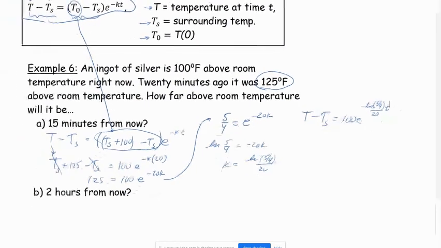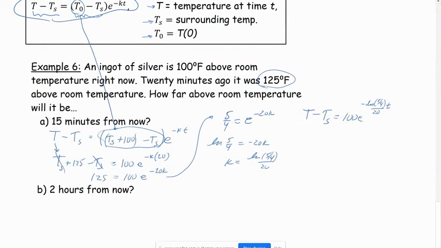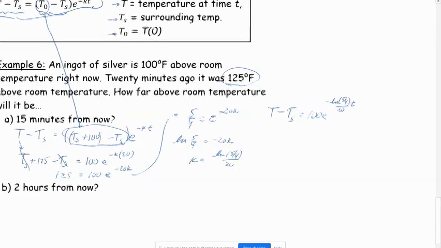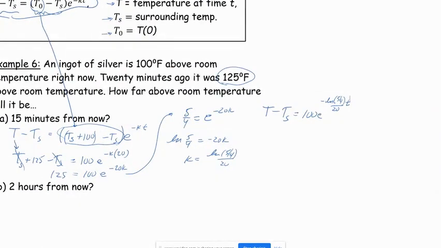The question now says, how far above the room temperature will it be 15 minutes from now? So I just plug in 15 minutes for lowercase t. T minus Ts equals 100 e to the negative natural log of 5/4 over 20 times 15. And when you plug that in, that is 84.59 on the right side.